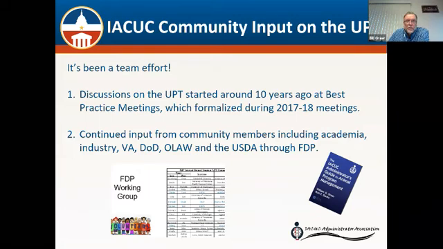For example, rodent surveillance and various things that may be part of a veterinary care program and not necessarily need be included in a protocol template form. Initially, in 2017 and 2018, this was an IAA initiative, and we worked a lot to come up with a draft of the document.